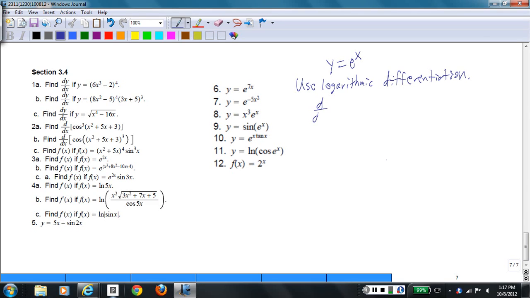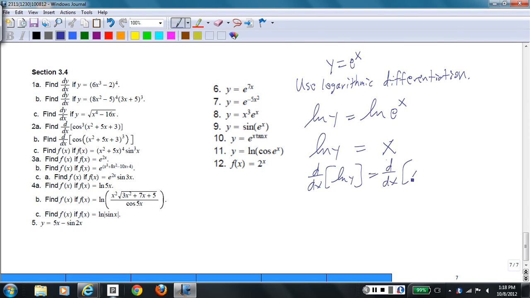d dx of y, oops, sorry. That's implicit differentiation. Natural log of y equals the natural log of e to the x. So take the natural log of both sides. Simplify the right-hand side. Natural log of y equals x. Now, differentiate both sides with respect to x. d dx of the natural log of y equals d dx of x.